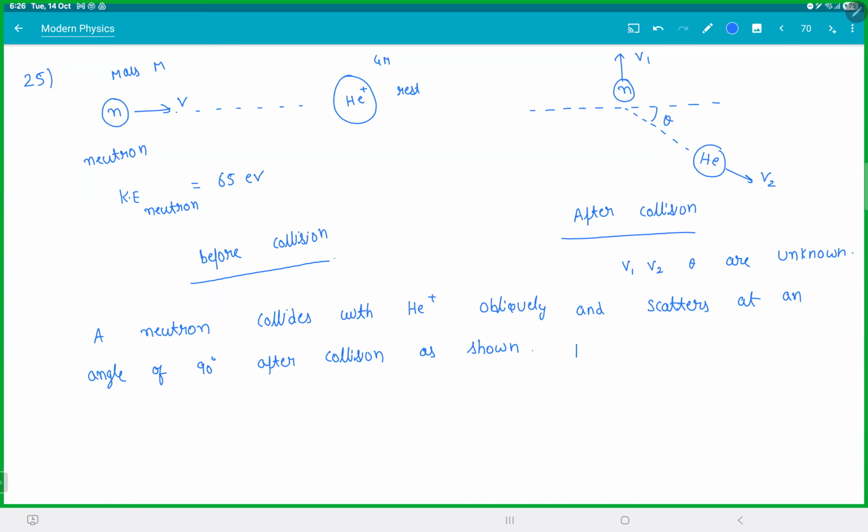Find the possible values of kinetic energy of neutron. So after a collision, what can be the values of the neutron's kinetic energy?